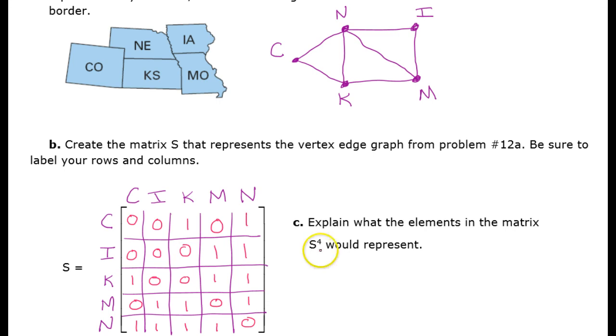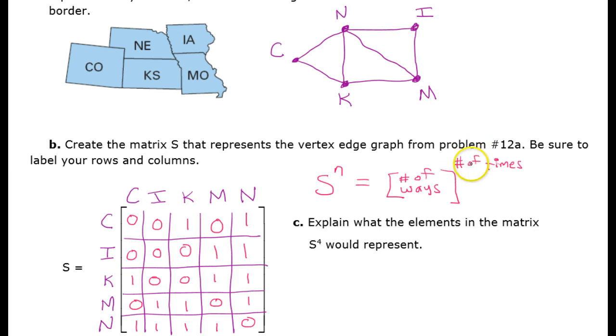Okay, to answer part C, you need to understand one more thing about a matrix form of a vertex edge graph. The matrix itself raised to any power, every element inside the matrix, all these zeros and ones in this case, represents the number of ways you can do something.